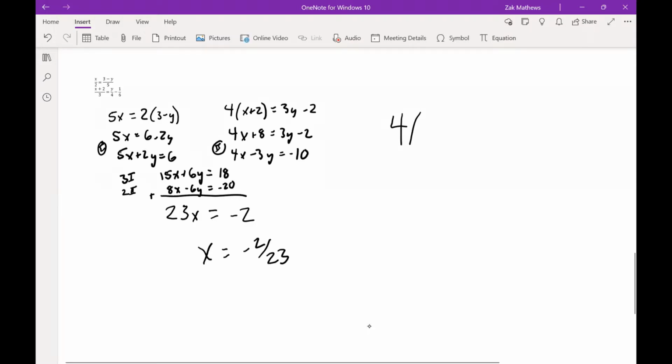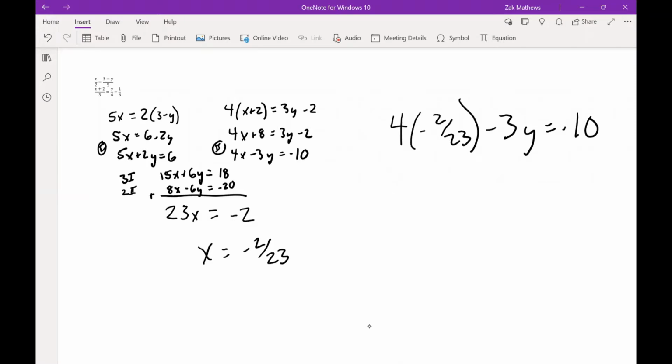So I have 4 times negative 2 over 23 minus 3y is equal to negative 10. I multiply the 4, I get negative 8 over 23 minus 3y equals negative 10. I'm going to add that 8 over 23 over to the other side. So we'll have the negative 10 plus 8 over 23.